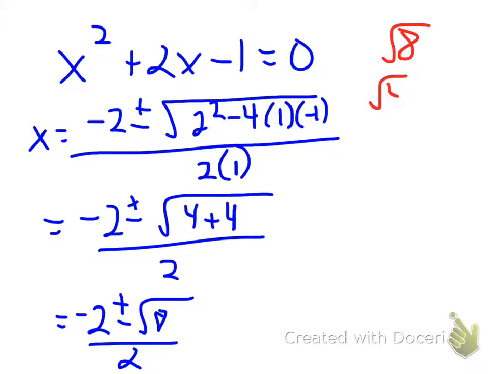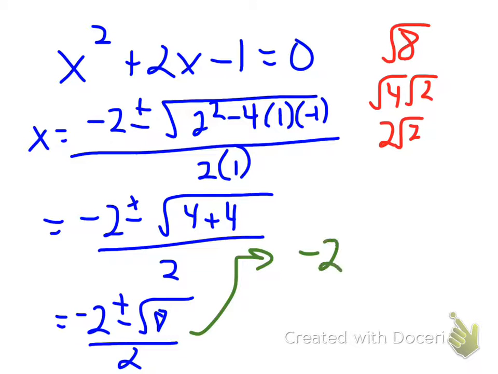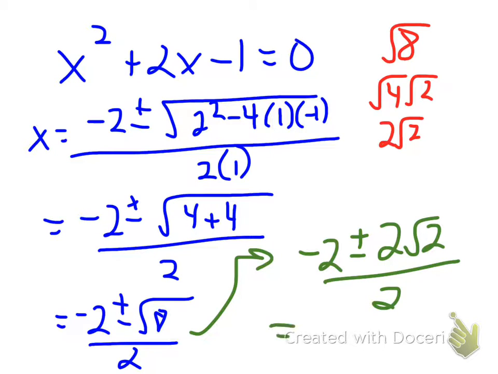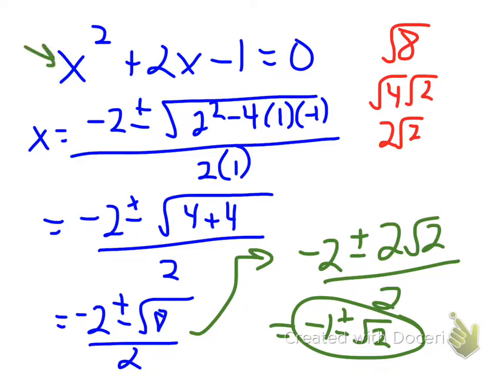It is the square root of 4 times the square root of 2, which is 2 square roots of 2. So now, from here, I have negative 2 plus or minus 2 square roots of 2 over 2. That can simplify down to negative 1 plus or minus the square root of 2. So those are my two roots from this factor. Negative 1 plus or minus the square root of 2.